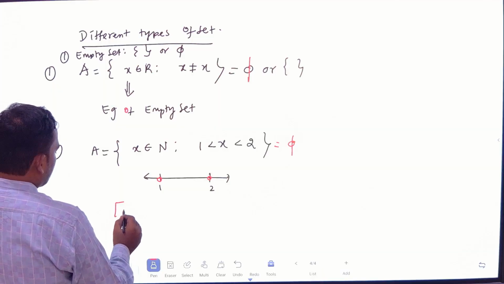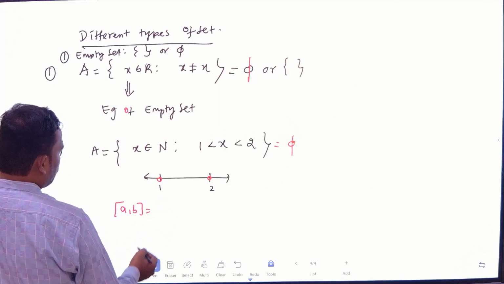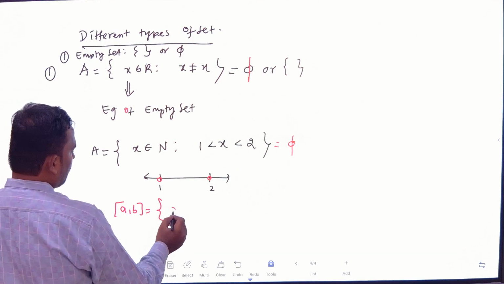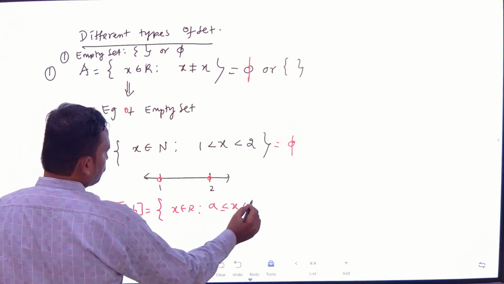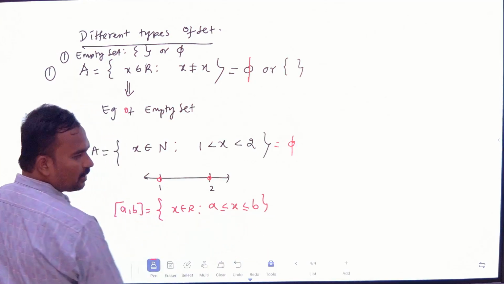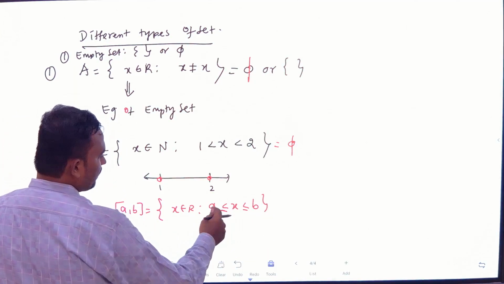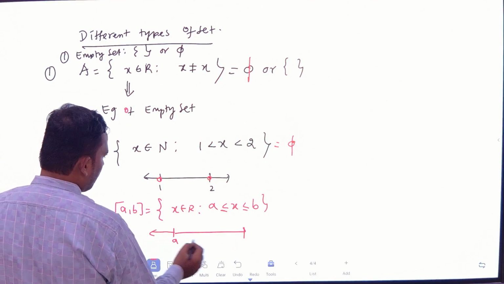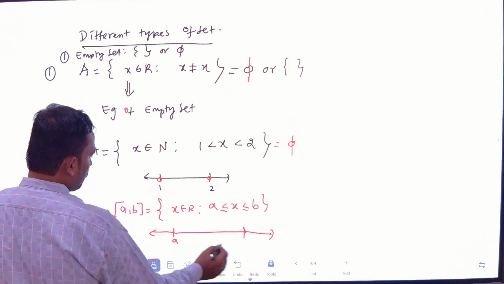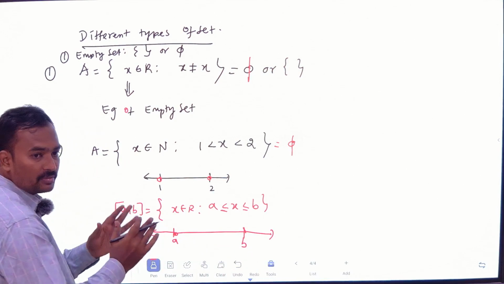So let us discuss the interval here. A to B means what? The collection of all the real numbers such that the number is from A to B. It's a closed interval, right? Less than or equal to means you can include the endpoints, A and B, as part of the real numbers.